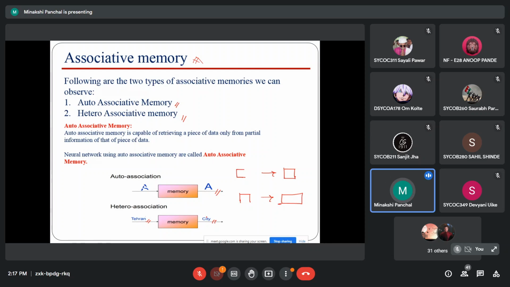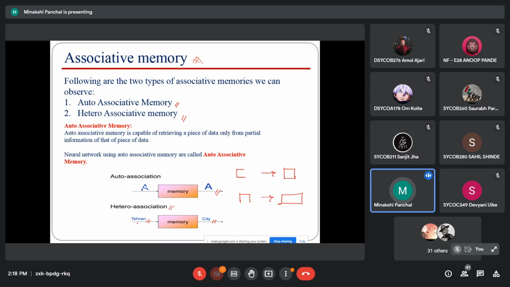One more example: if you are giving one image, you have to identify whatever the image of a sparrow. Consider that you provide an image of a sparrow, and there is some damage in that image, and you want to retrieve what image it is. So what image will you get? That picture of the sparrow itself. But what will come in hetero? If you are dividing that output, you are just giving as bird only. If you want output as a bird only, what category is this? The image of the bird is coming, but you are trying to find out the category. Where my output is something different, I do not want the same image of the bird, the sparrow's image itself. I want to identify the category of that sparrow. So it is not an animal, this is a bird.